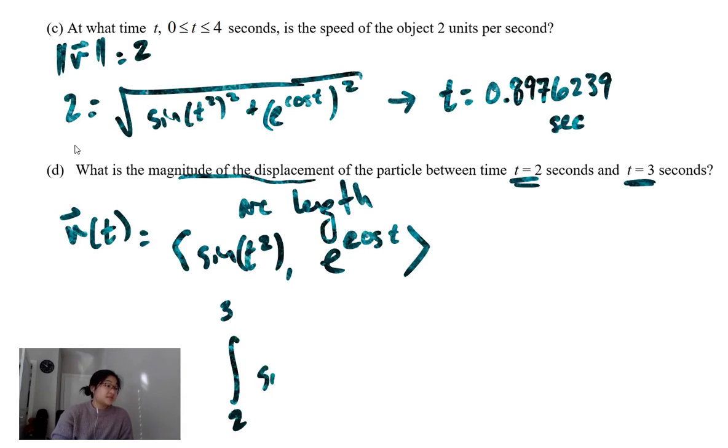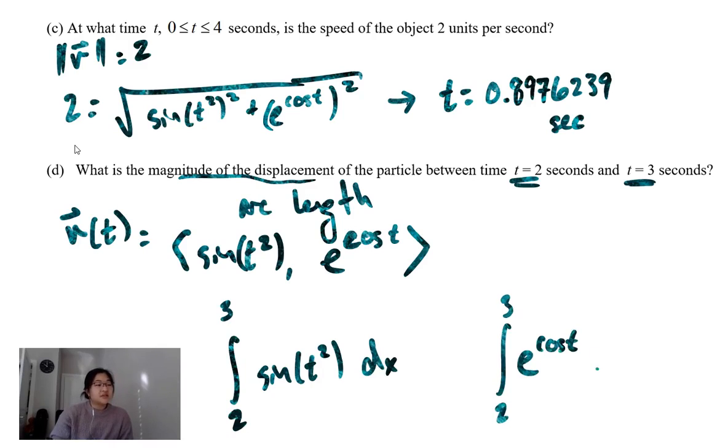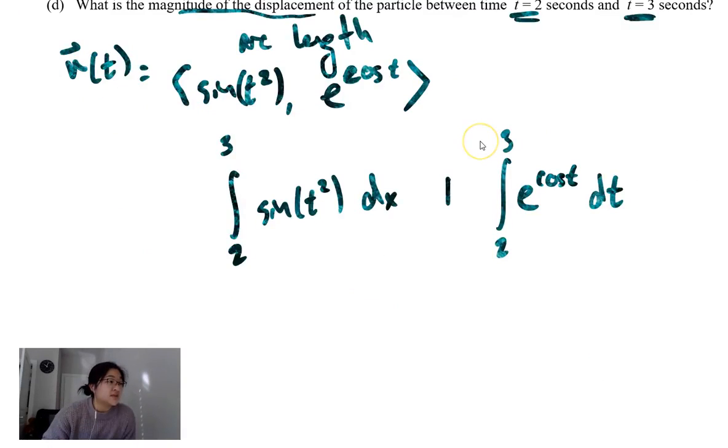So we have sine of t squared and e to the cosine of t. All right, so let's do that in a calculator. So that's going to be, and then we're taking these and magnituding them, right?